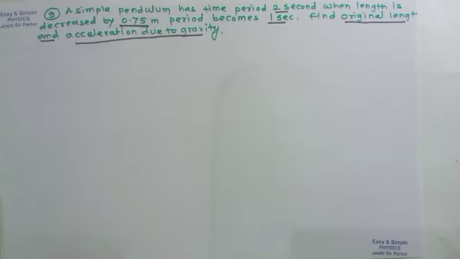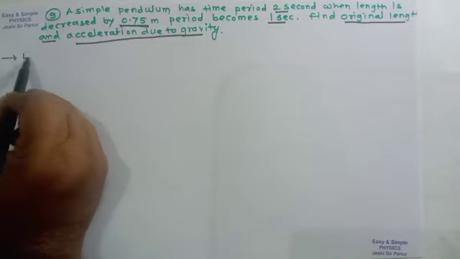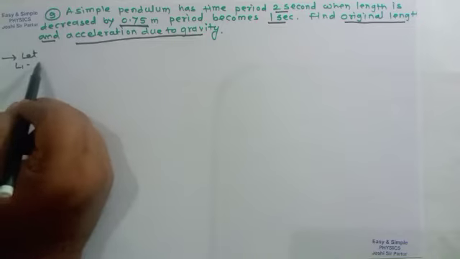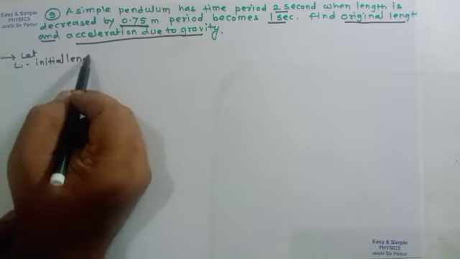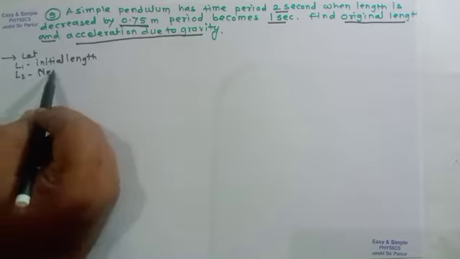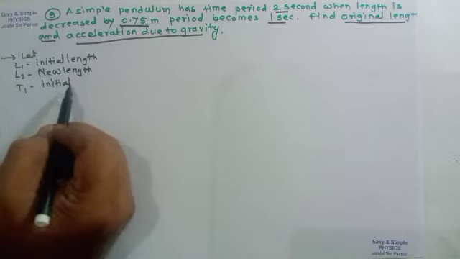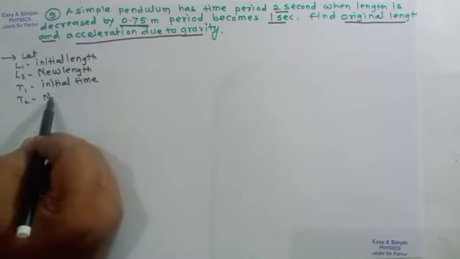See here, the data is given. Let L1 be the initial length, L2 the new length, T1 the initial time, and T2 the new time.